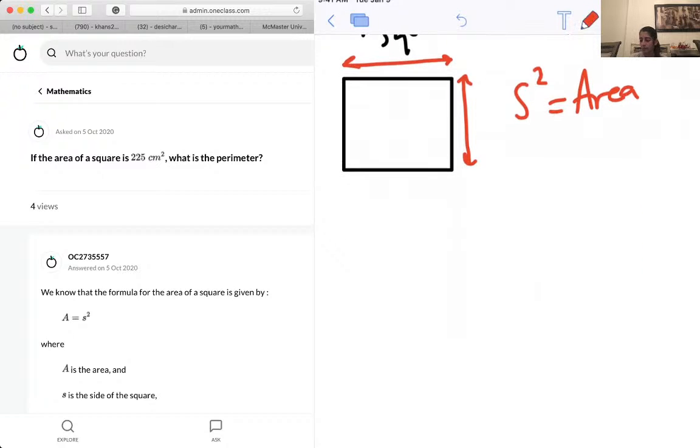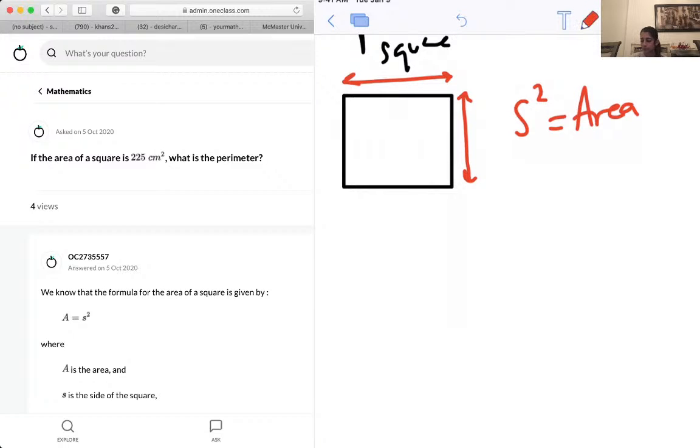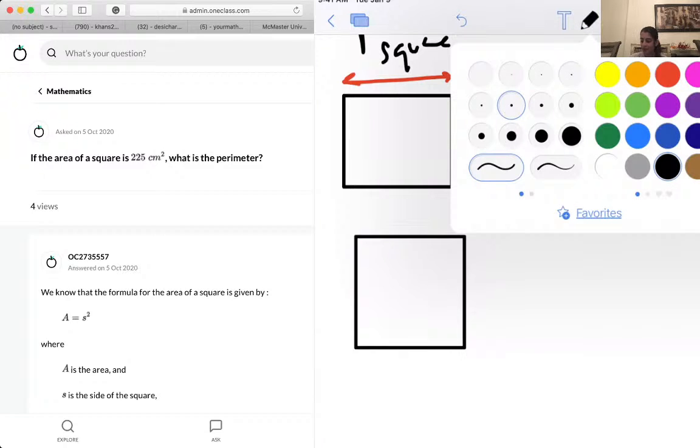However, the perimeter of a square is all four of the sides added up.